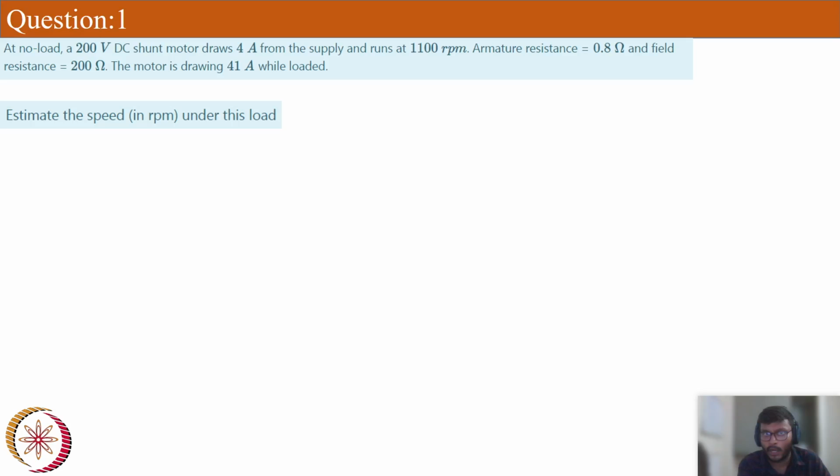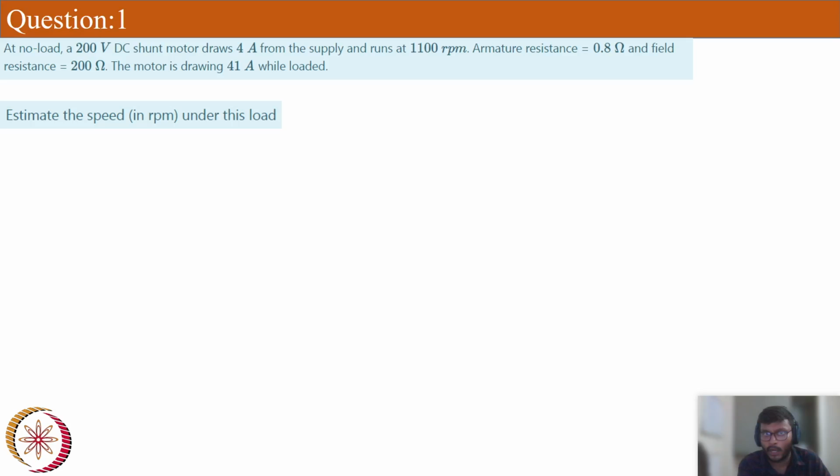As long as the motor is operating in the linear mode, the field flux will be proportional to IF. Now, if the input supply voltage is fixed and the shunt resistance is fixed, my IF will always be constant. So if IF is constant and the motor is rotating in the linear region, the field flux generated will always be constant.